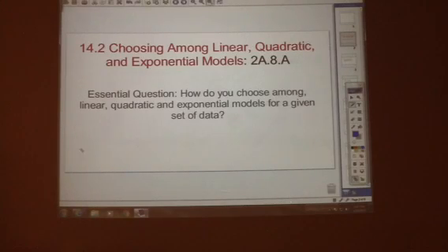A linear looks like a straight line. That is linear. It can go up or it can go down. If it goes up, then A is greater than 0.